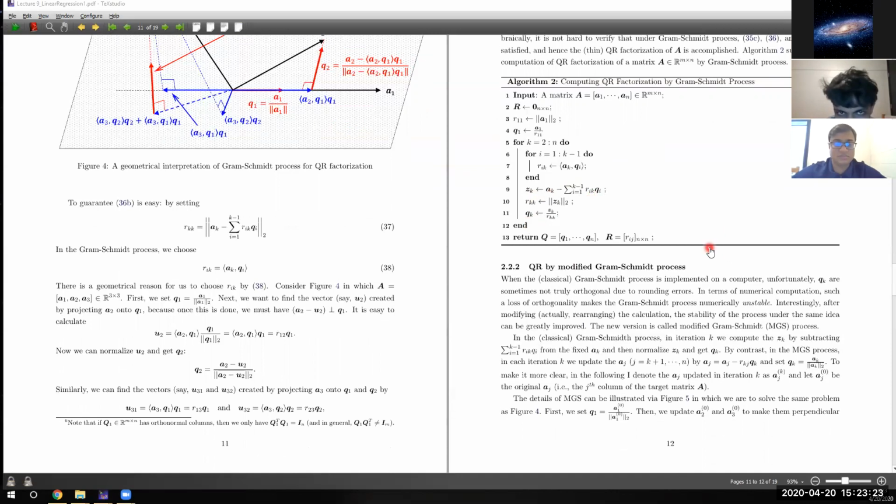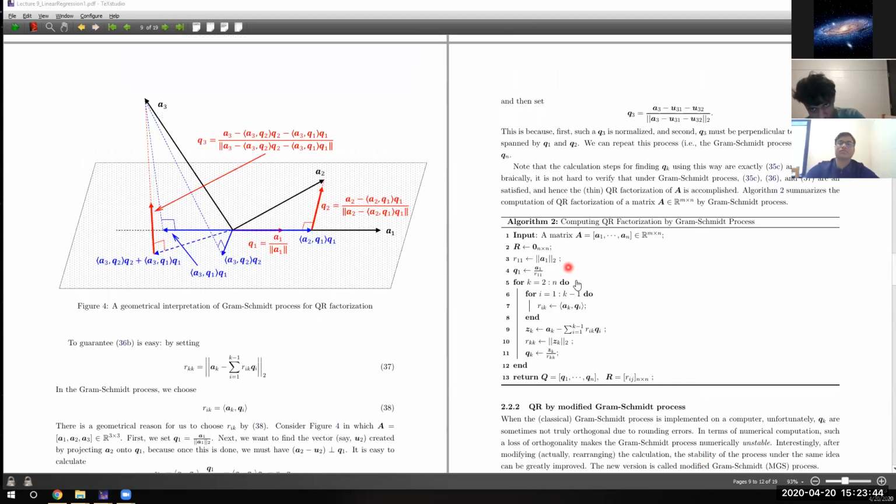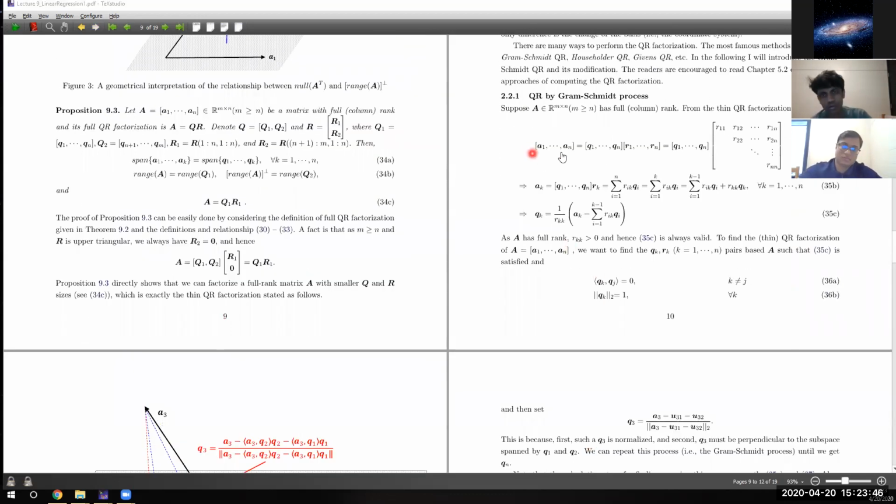Okay. The modification here is that I'm gonna fix my qk, but I'm gonna change the aj here. So you may have a question, hey, aj's are the given numbers because matrix A equal to a1, a2, the columns, right?